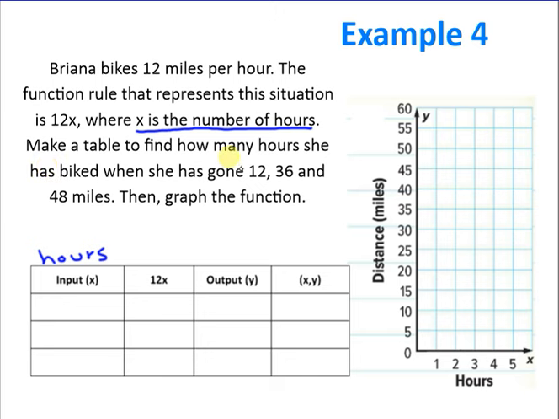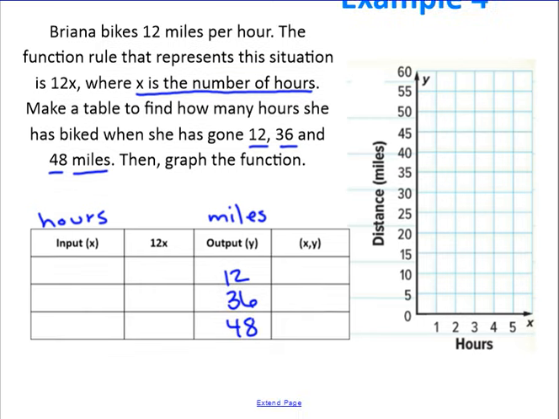Make a table to find how many hours she has biked when she has gone 12, 36, and 48 miles. Now, your first instinct is to take this 12, 36, and 48 and put it right here. But what is x? X is hours. These are miles. So y must be miles. And so these numbers actually go here.